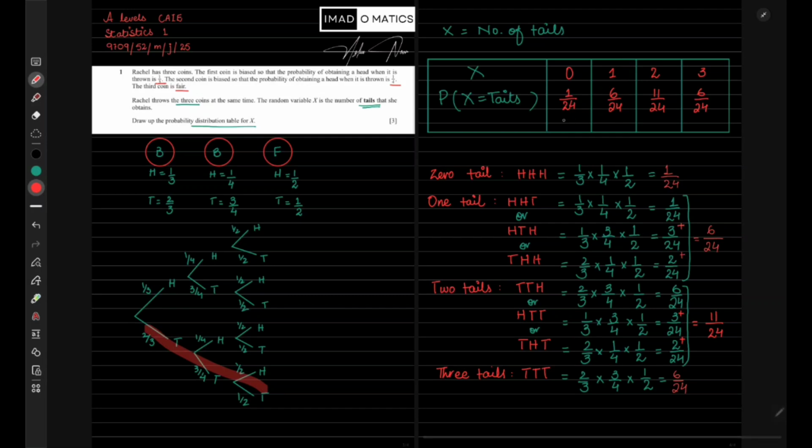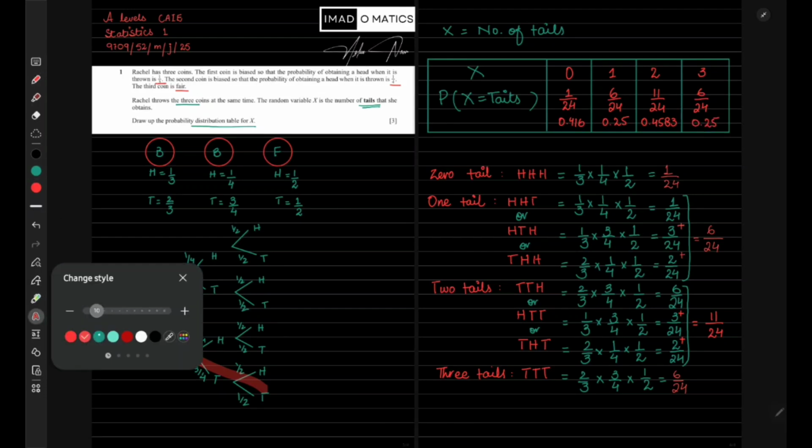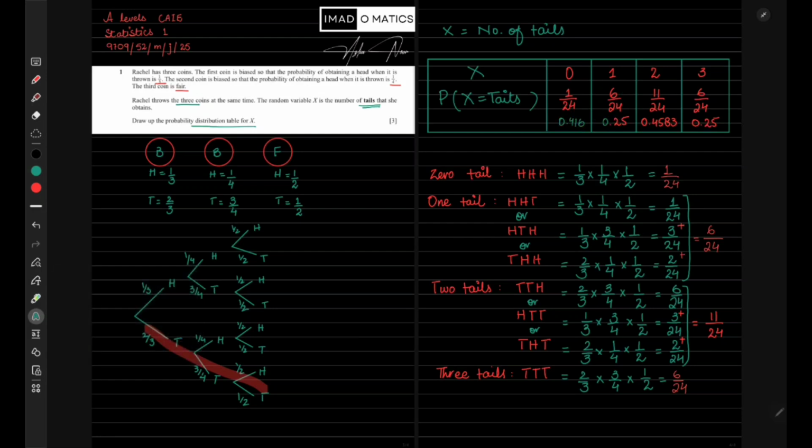So this gives you 0.416. 6 over 24 gives you 0.25. 0.4583, and 6 over 24 again gives you 0.25. Okay, so these are the same probabilities in decimals. I'm writing them in different colors.